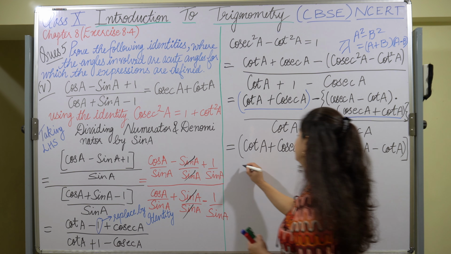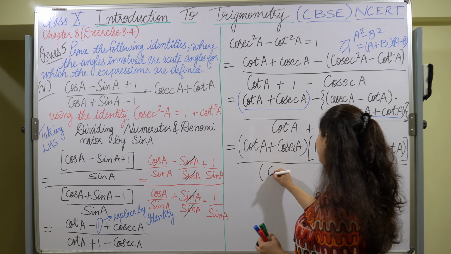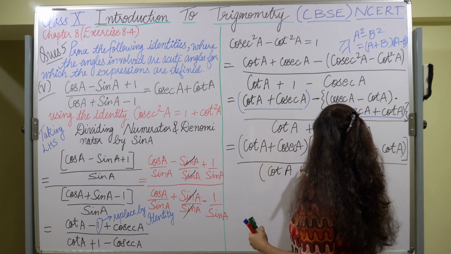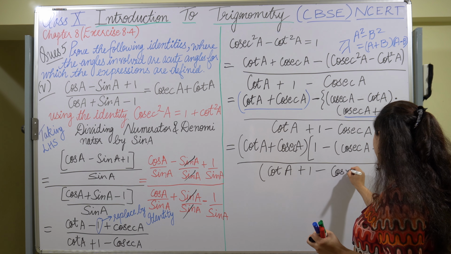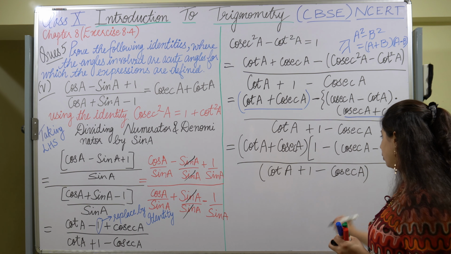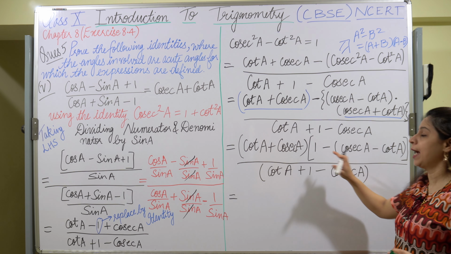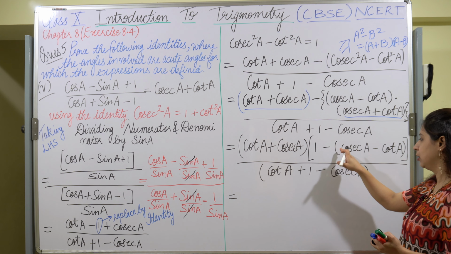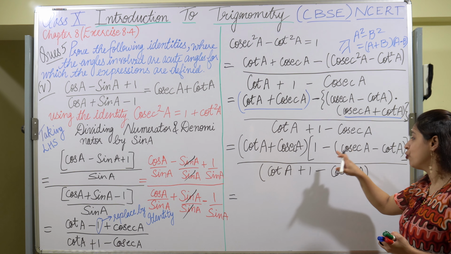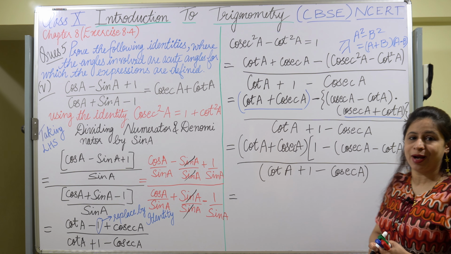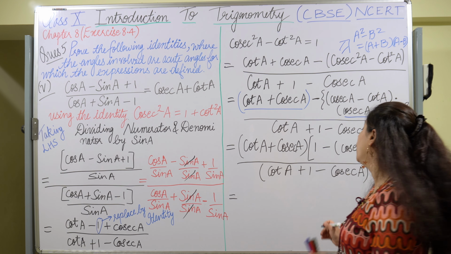Okay, and in the denominator we are already having cot A plus 1 minus cosec A. Here we are having a negative sign, so when negative is multiplied with plus, cosec A will become negative, and cot A will become positive, because minus and minus when multiplied give plus.